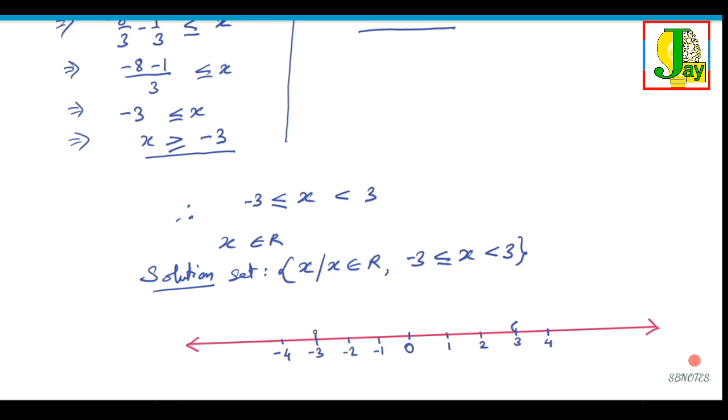Now you just join this and draw the stripes. So that's how you represent this type of solution set on a number line. Understood?